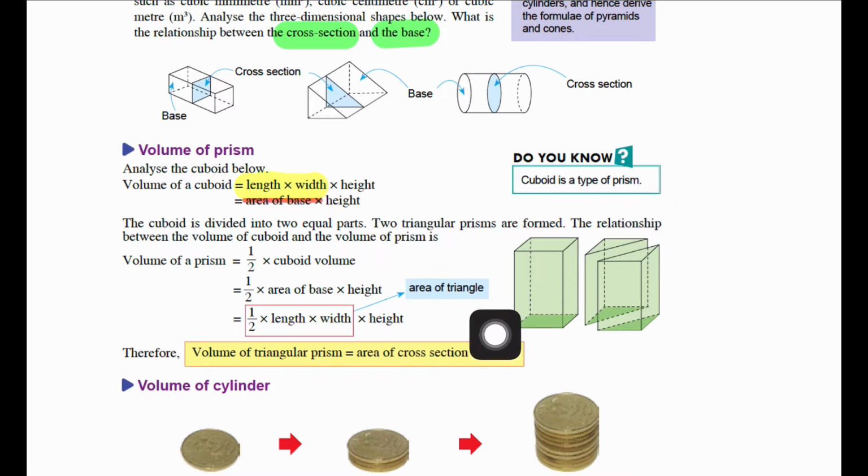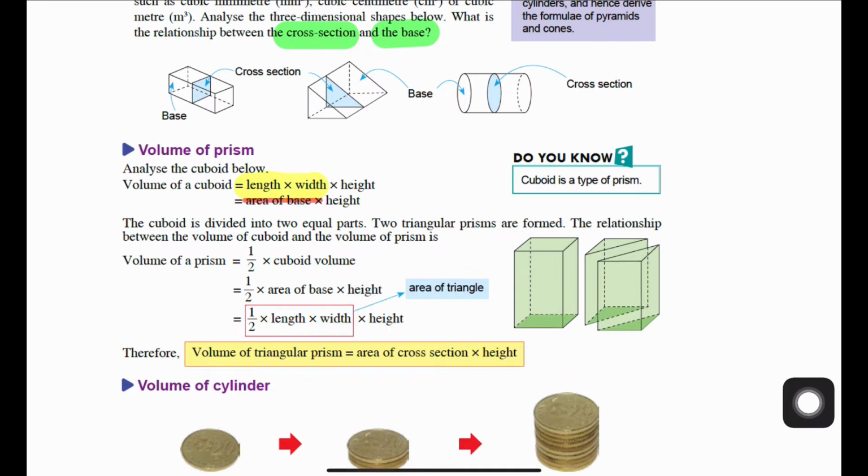The relationship between the volume of the cuboid and the volume of the prism is that the volume of the prism is actually half of the cuboid volume. Right? We had the cuboid, we split it into two, so we have to divide its volume by two. So we have 1/2 area of base times height.